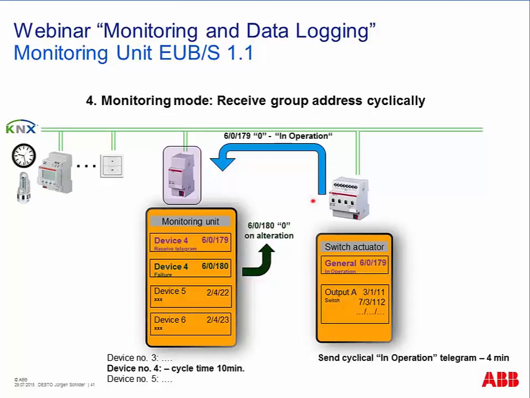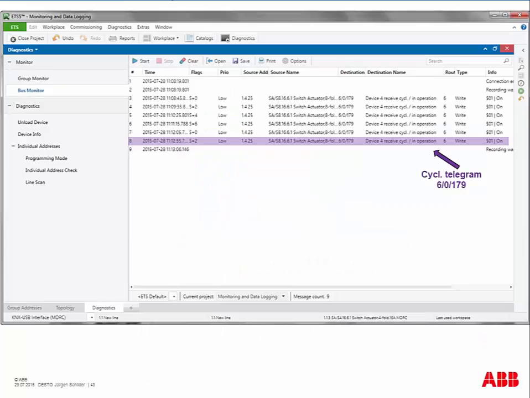So our device sends cyclically, here in this case the in operation telegram, maybe every 4 minutes adjusted here. You can adjust this in the device itself. In our EUBS we expect every 10 minutes at least one telegram, no problem in this situation. So everything is fine. And first of all here the way of communication, very simple.